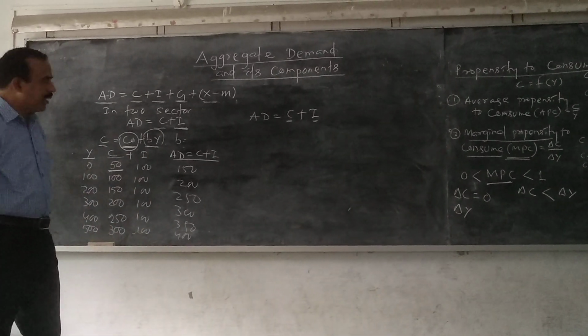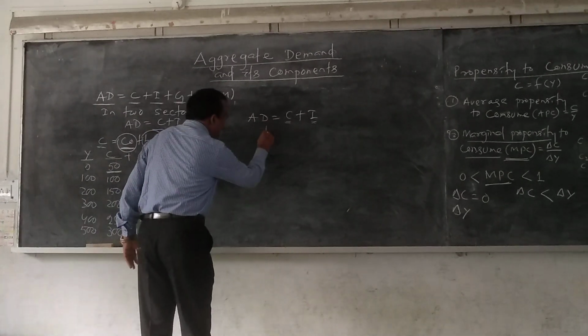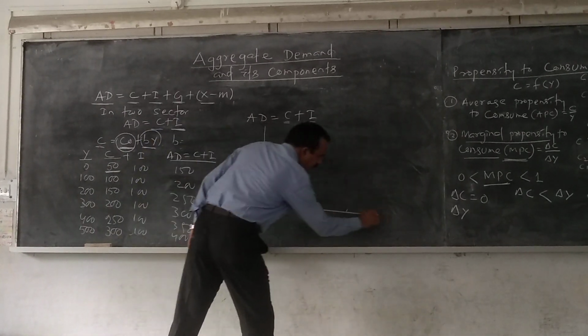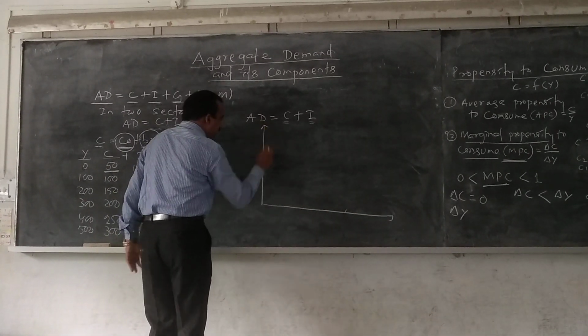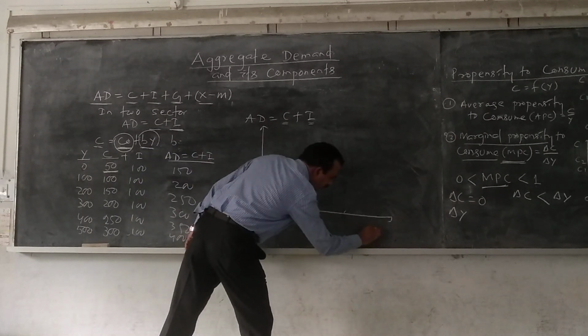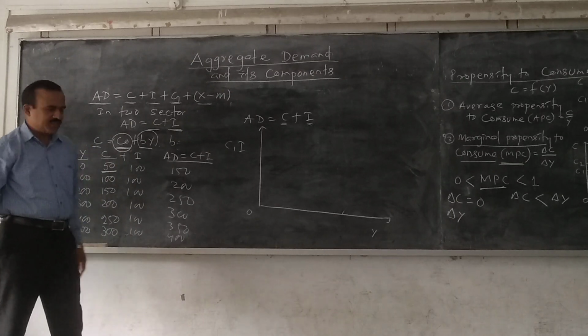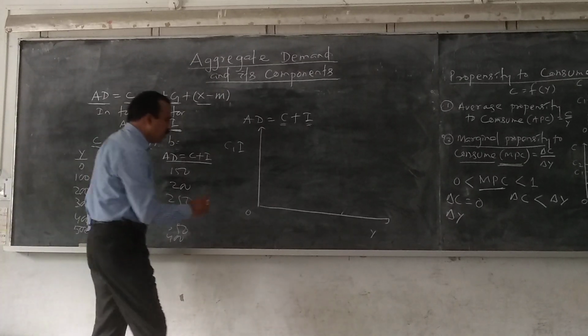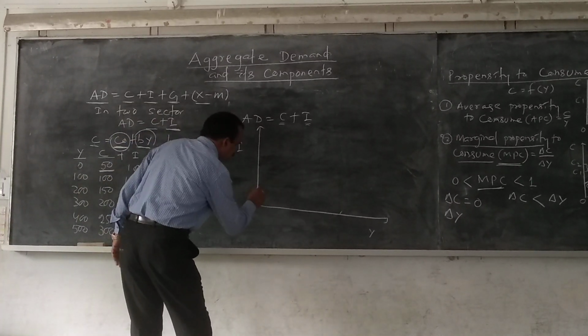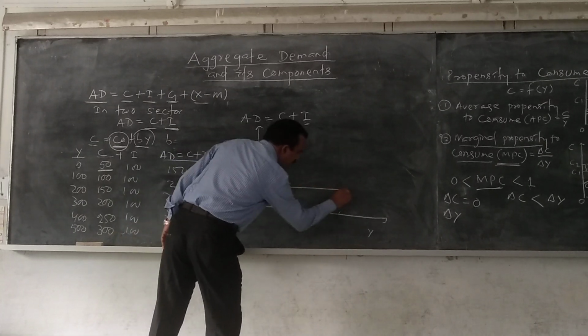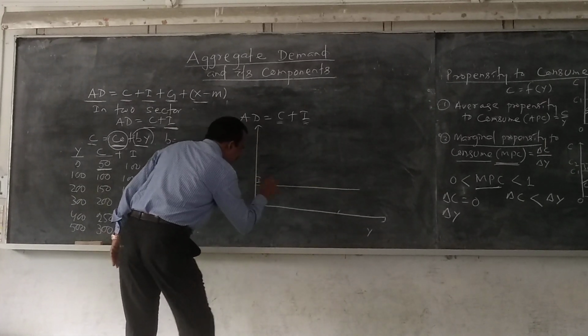The aggregate demand can be graphically presented. Here the income is on the x-axis and consumption and investment on the y-axis. You see, this is your investment. What type of investment?